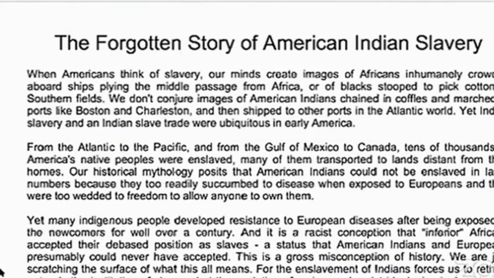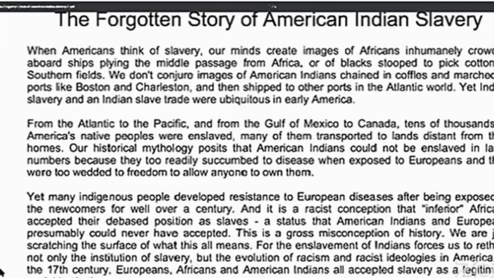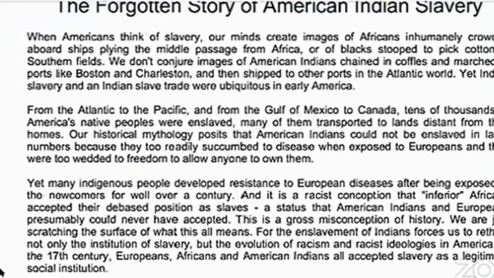Yet Indian slavery and an Indian slave trade were ubiquitous in early America. From the Atlantic to the Pacific, and from the Gulf of Mexico to Canada, tens of thousands of America's native peoples were enslaved. Many of them were transported to lands distant from their homes.